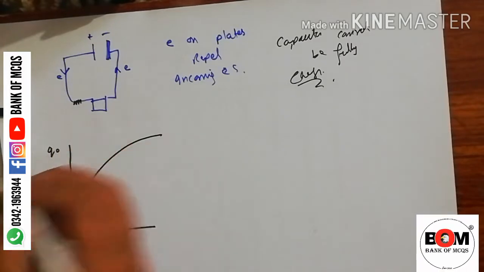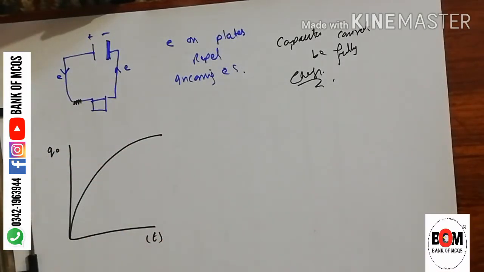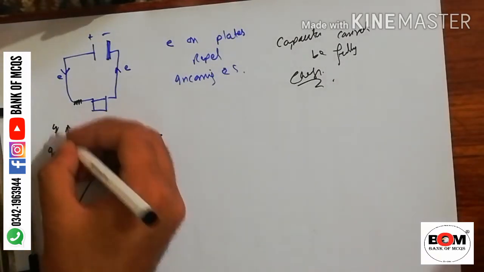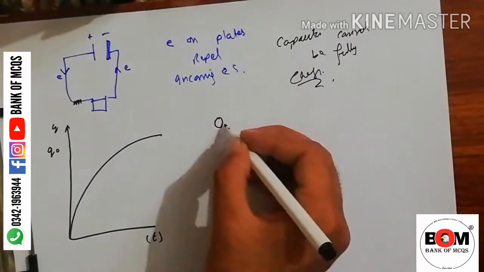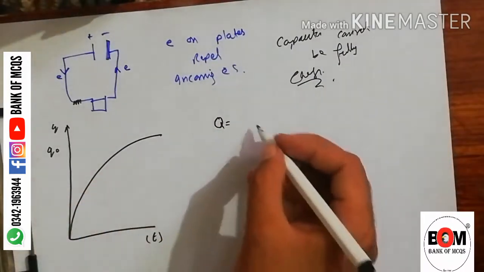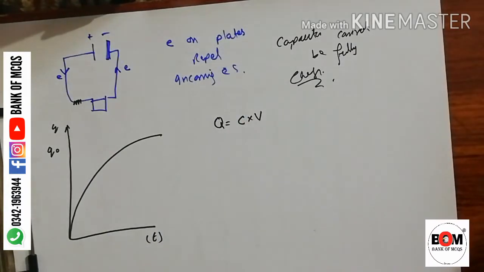For example, Q naught is the maximum value. On the x-axis we take the time t, and this is Q and this is the Q naught value. So the maximum capacity, how much it can be charged, is Q equal to C into V. It depends on its capacitance and the applied voltage or EMF of the battery.